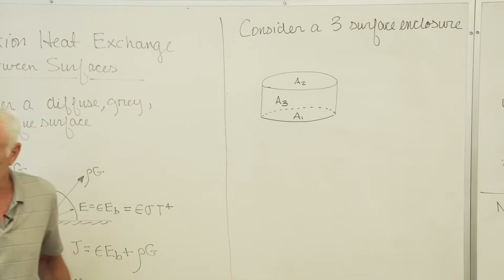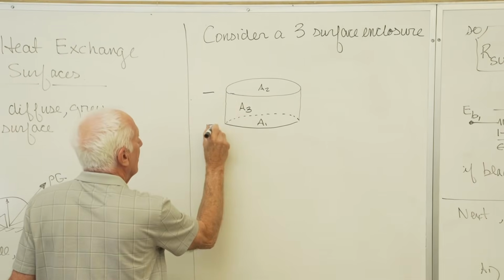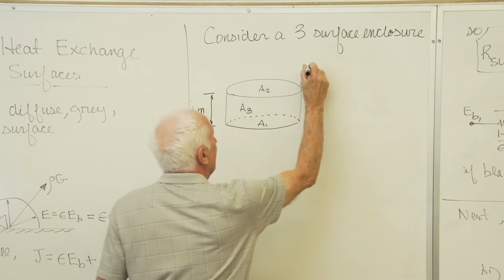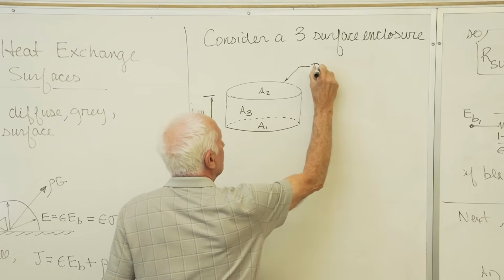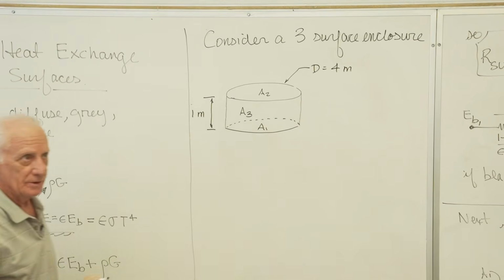A right circular cylinder, spaced apart by 1 meter. Diameter is 4 meters. That's the geometry.